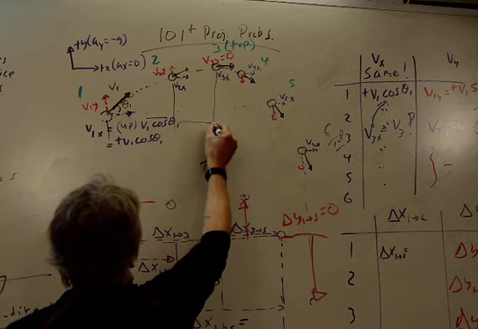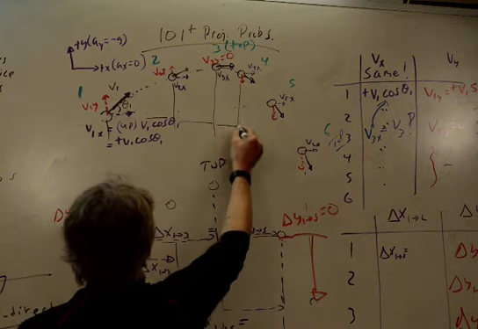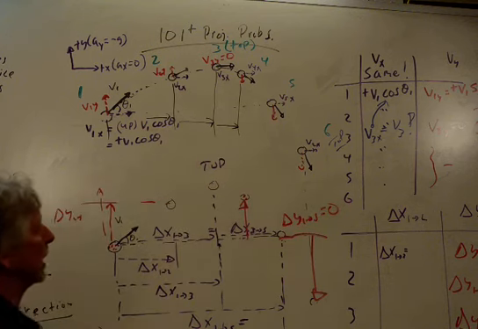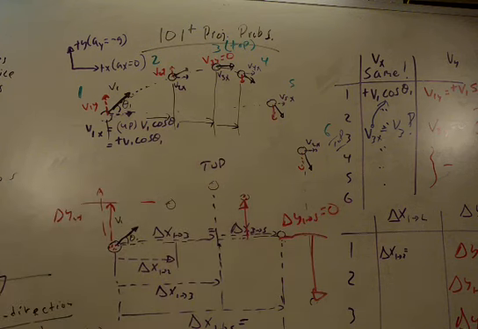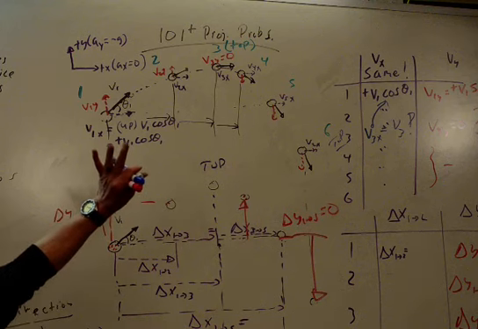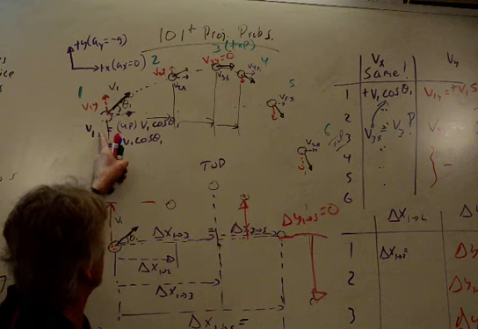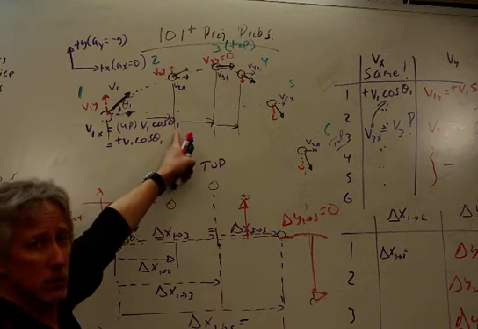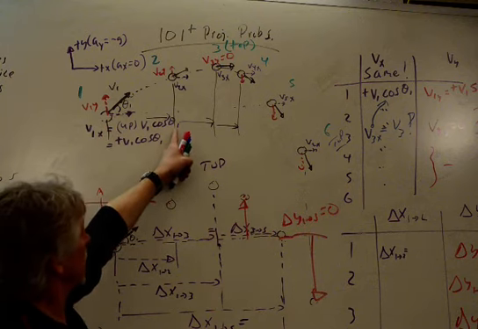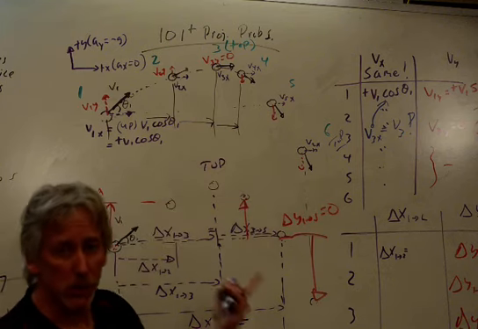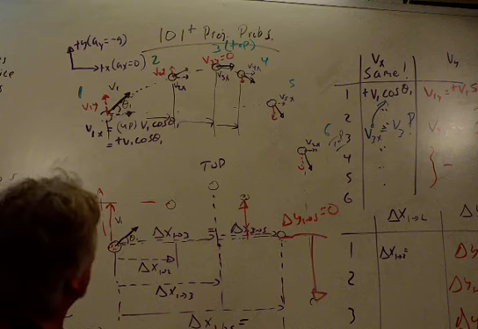Here's my delta x 2 to 3. Here's my delta x 3 to 4. Those are different delta x's. And so from that picture, if it's not just a sketch, I'd say that the time is longer 1 to 2, a little shorter 2 to 3, even shorter 3 to 4, if that picture is scaled correctly. Okay?